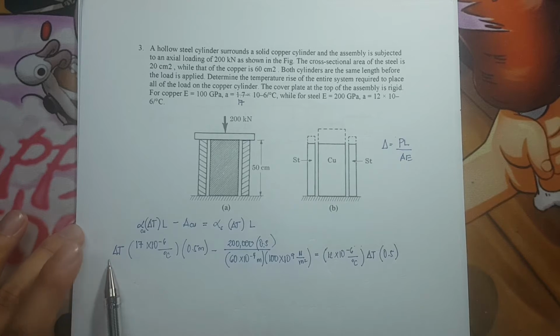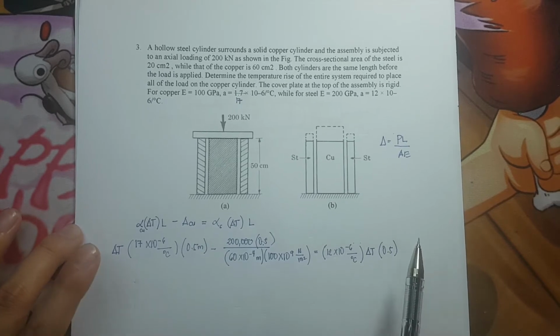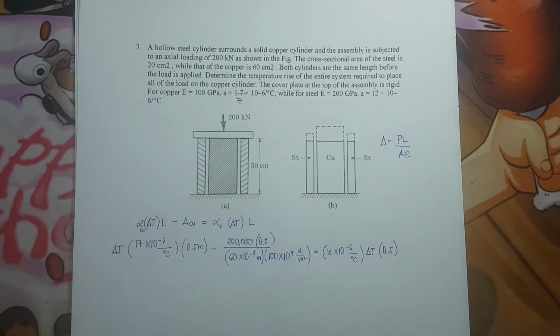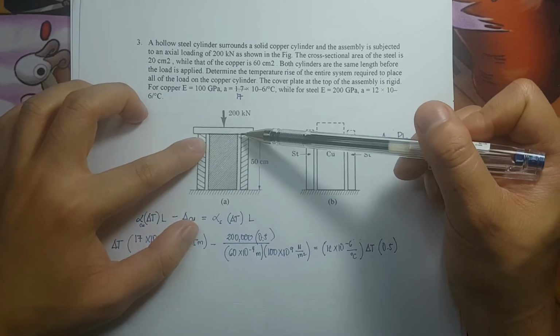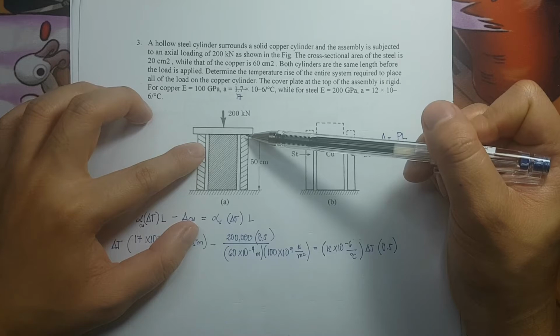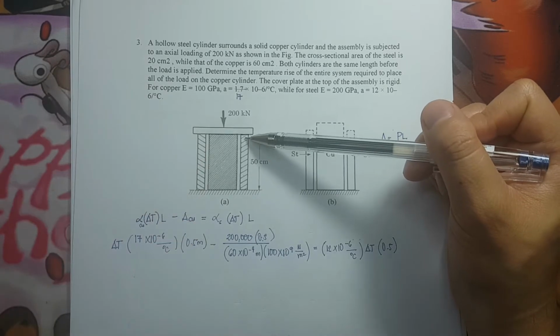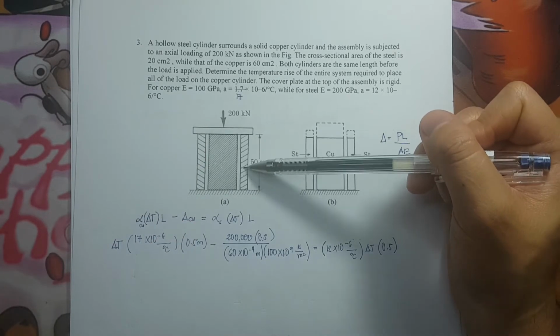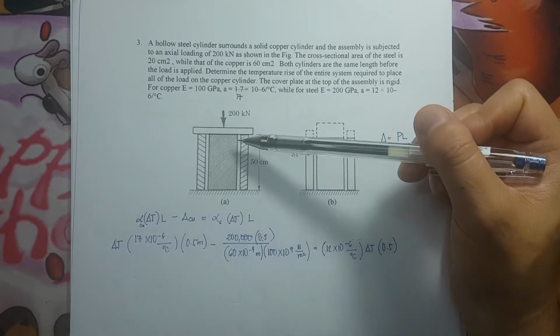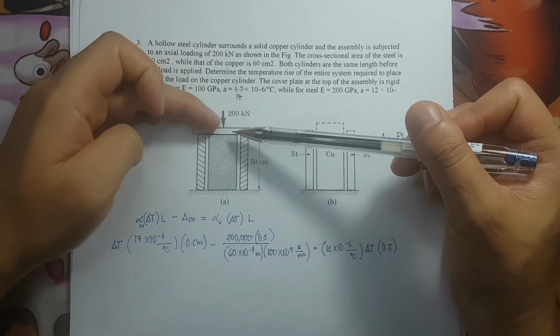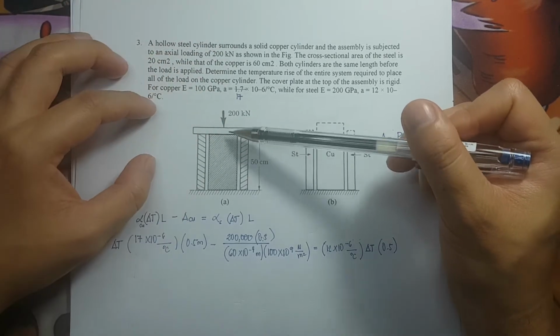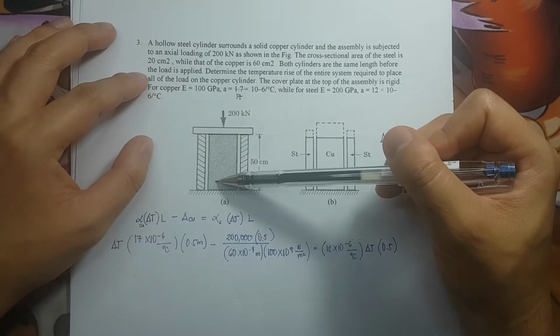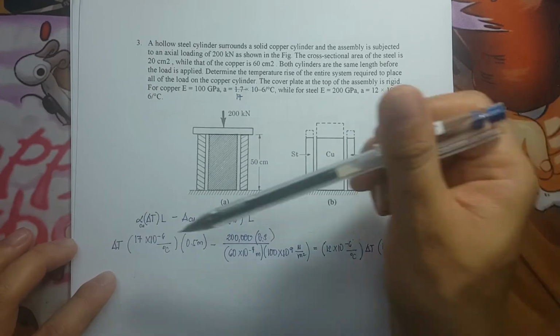Take note, delta T here and delta T here are the same because we need to have the same temperature in such a way that the expansion of our steel will be exactly equal to the expansion and deformation of our copper. So they are one and the same.